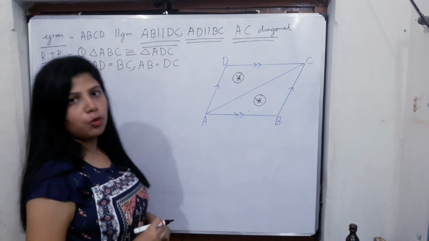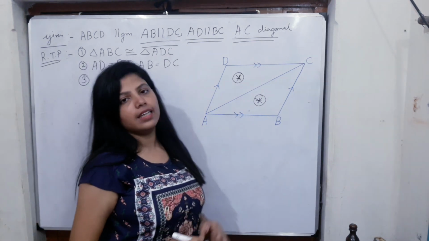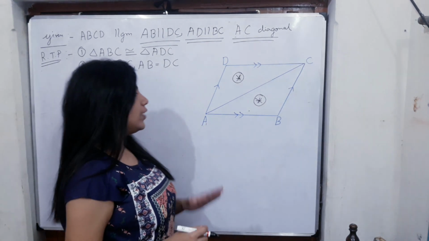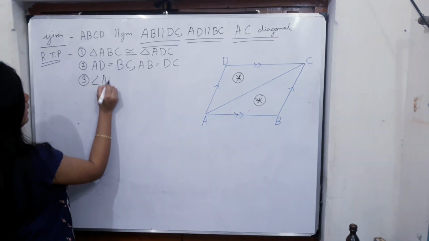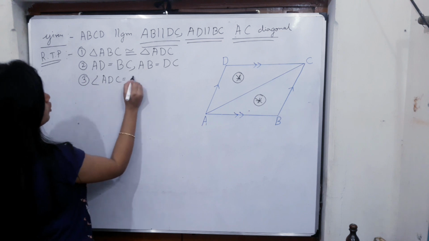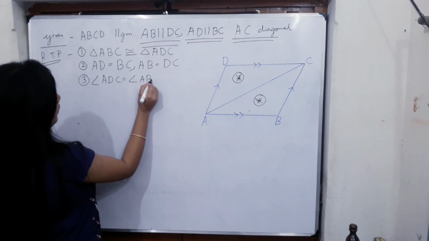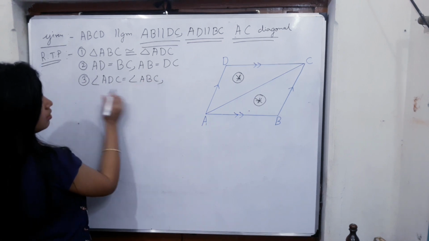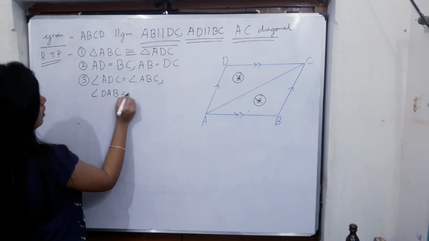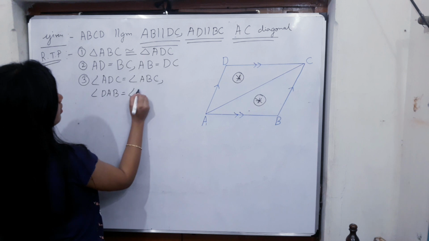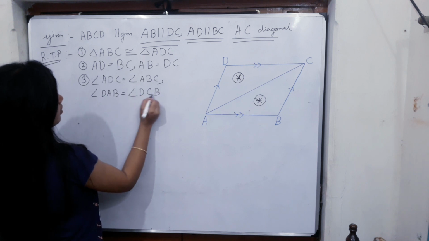Number 3, I will prove that the opposite angles are equal. That means we can say that angle ADC equals angle ABC and angle DAB equals angle DCB.